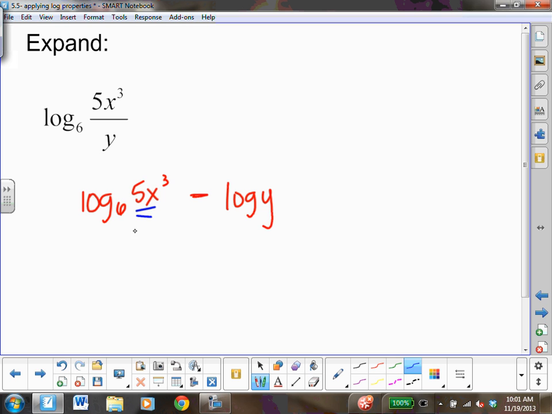Now I can expand the numerator part a bit further. I'll split it up and say the log base 6 of 5 plus the log base 6 of x cubed, and this log of y has not changed.